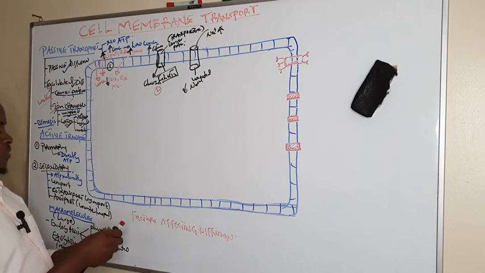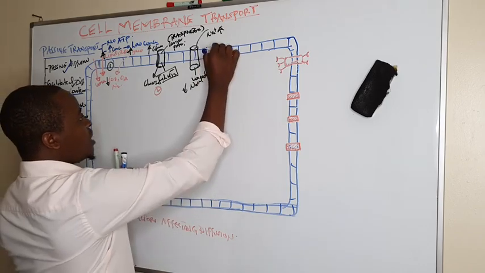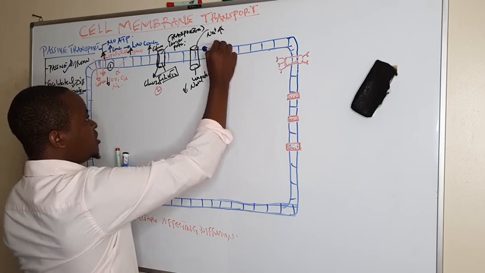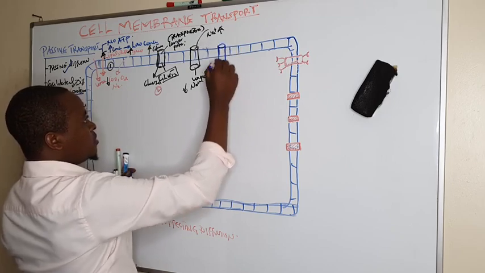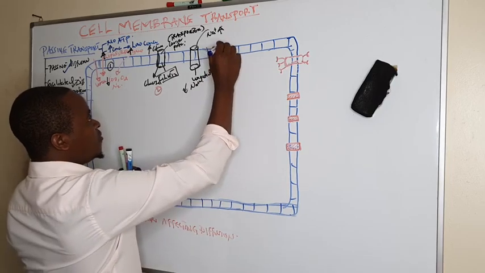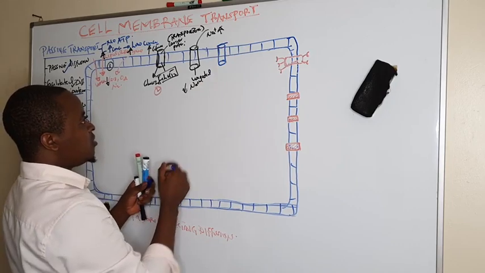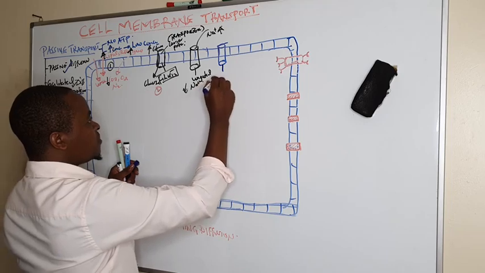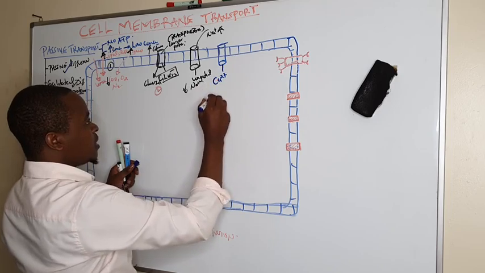The next type we are going to discuss is the gated ones, beginning with those which are voltage gated. An example of a voltage gated channel is the calcium channel.